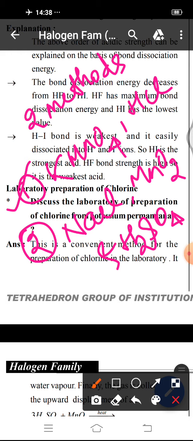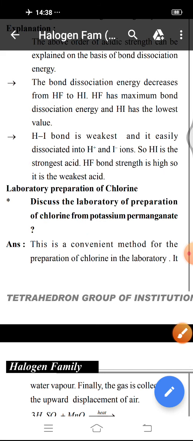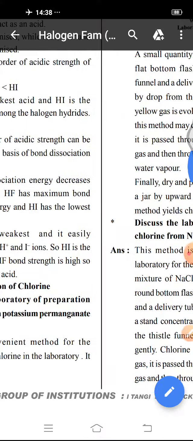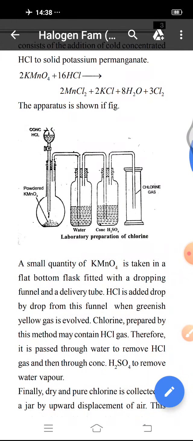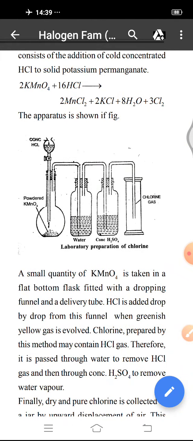Then comes the first method, that is by reaction of KMnO4 and HCl. When KMnO4 reacts with acidified HCl, acidified HCl means concentrated HCl.